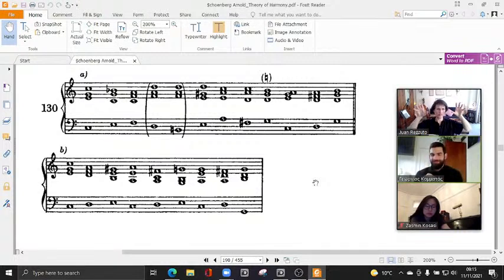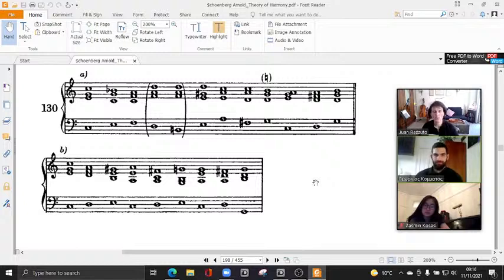To which side of the circle of fifths? To the right, one on the right, from C to G. C to G. Very good. Very simple, in a way.